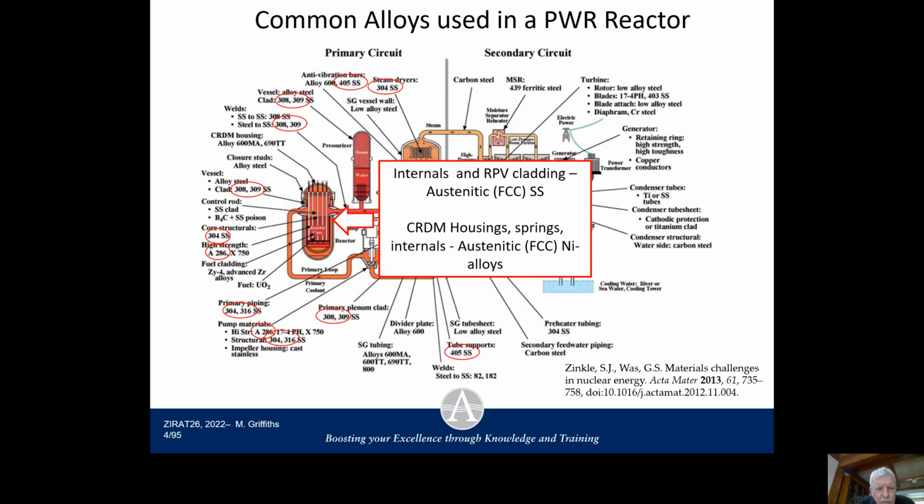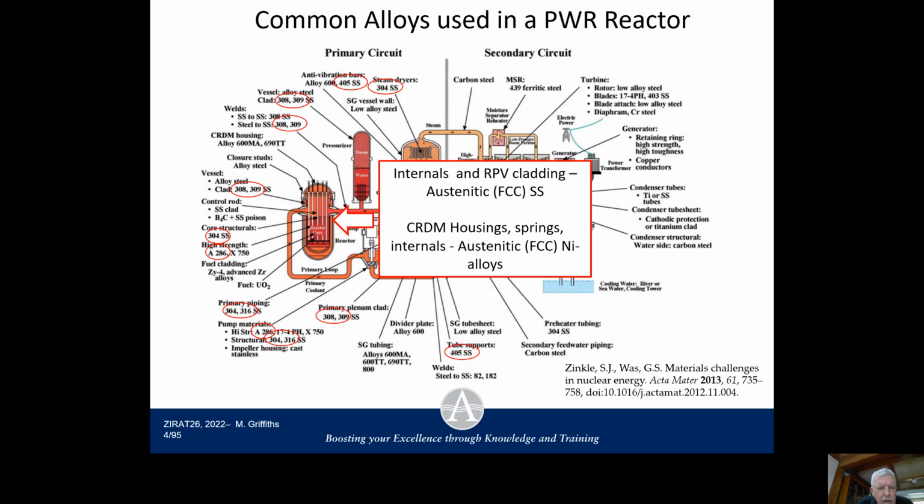So many of you have probably seen this famous diagram showing PWR and where different materials are employed in the core region and the balance of plant. We're going to be exclusively interested in the core region today.